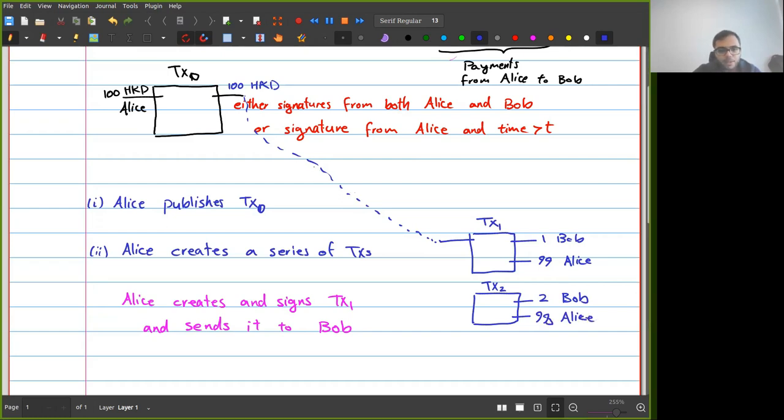This is also going to use the exact same coin as its input. Of course, these transactions are going to have transaction fees too, which I'm not considering. If I want to add the transaction fees, I can say that this deposit was not 100, but let's say 101.